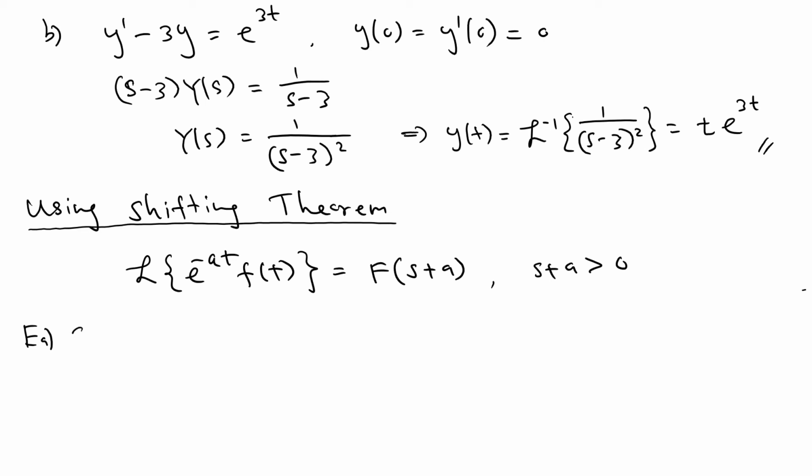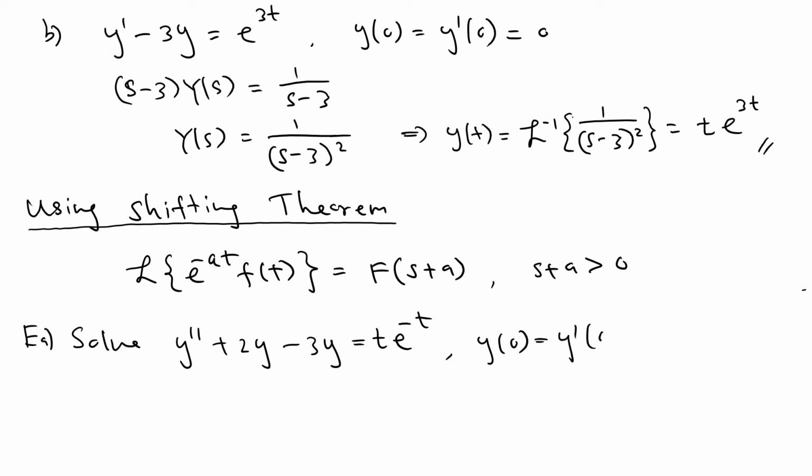Solve y double prime plus 2y prime minus 3y equals t e to the minus t, along with y(0) and y prime(0) equal to 0.